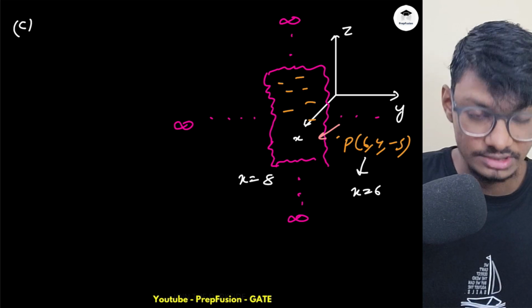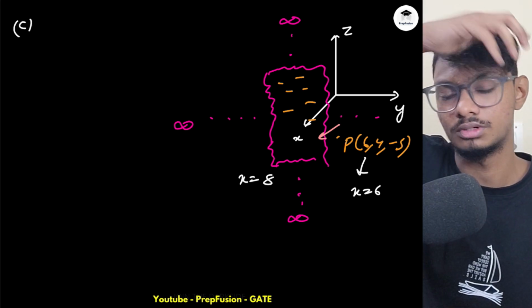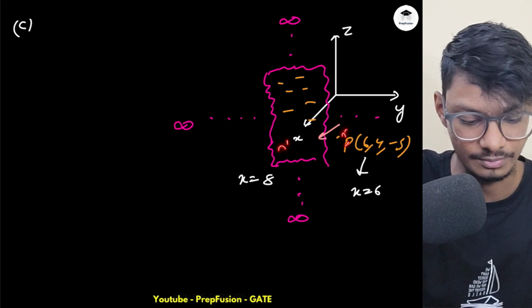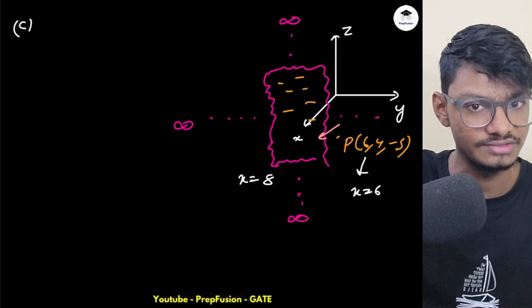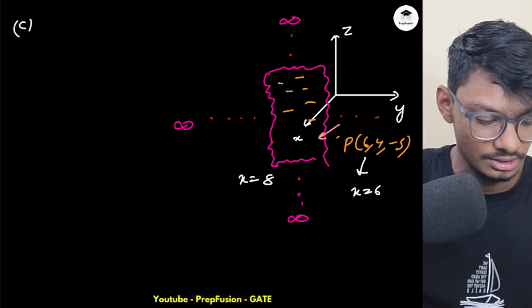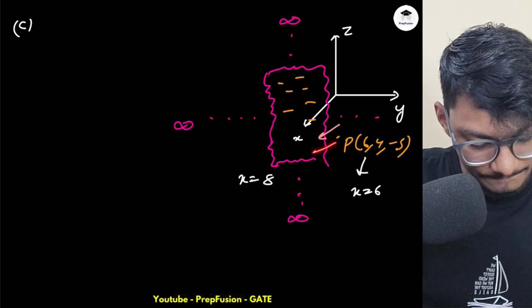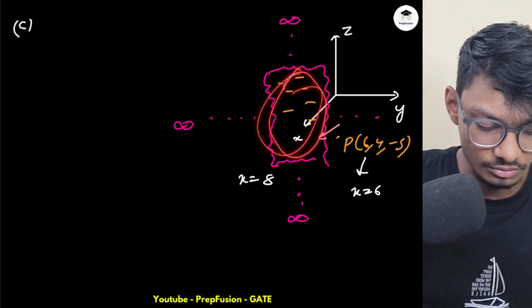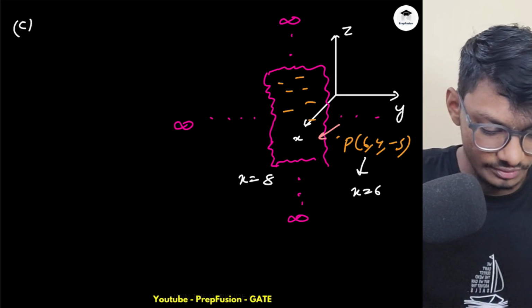In the previous equation which I did with the surface charge, you have to understand where my point is lying with respect to the surface, behind or in front of the origin. It is very important for you to understand that. So in what direction will it be? Perpendicular to this surface.